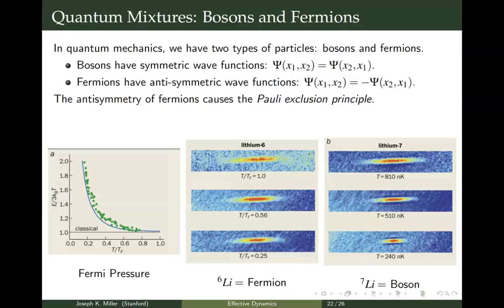So this is the determinant over the matrix phi i of xj, where phi i is orthonormal in L2, for example, on the torus.